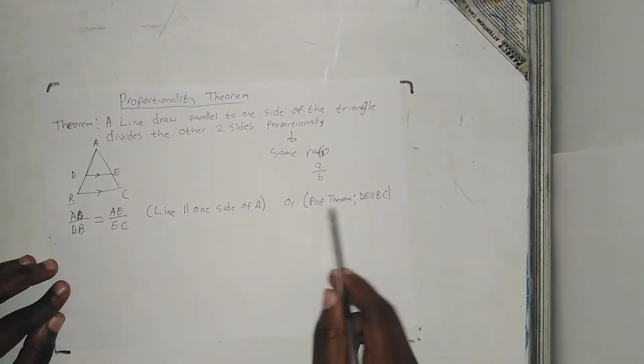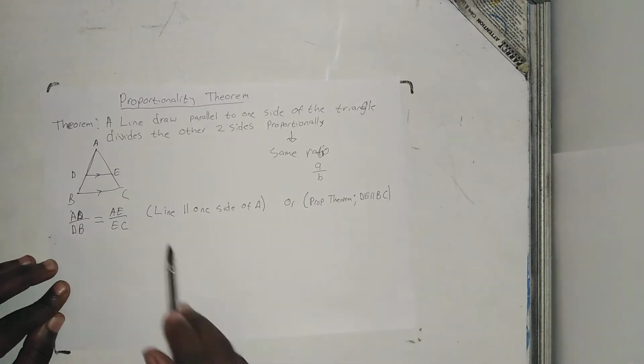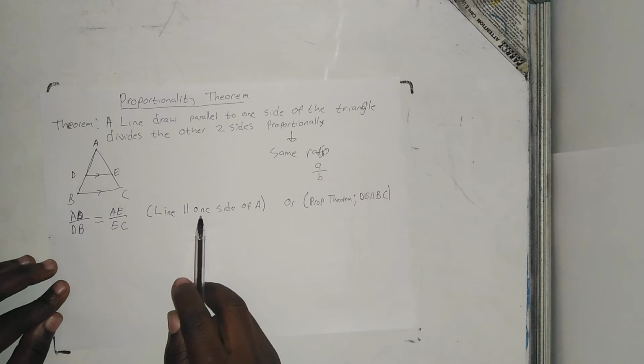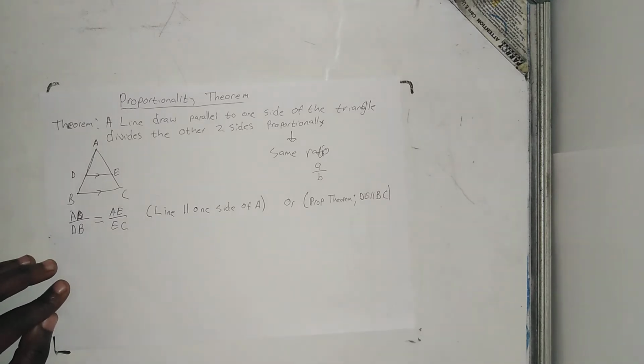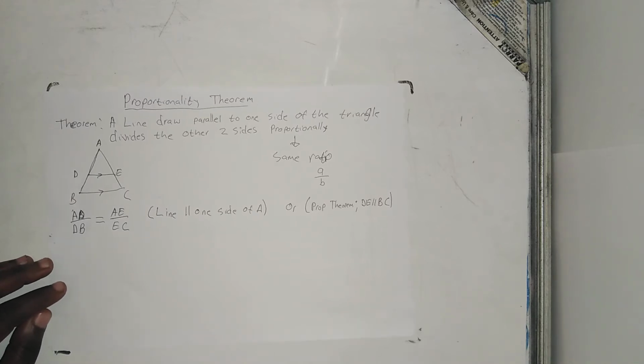So if you use proportionality theorem, then you must say that since DE is parallel to BC. But if you used this one, then you can just say line parallel to one side of a triangle. Then you can just continue with it. So that is how you show that you have used this theorem.